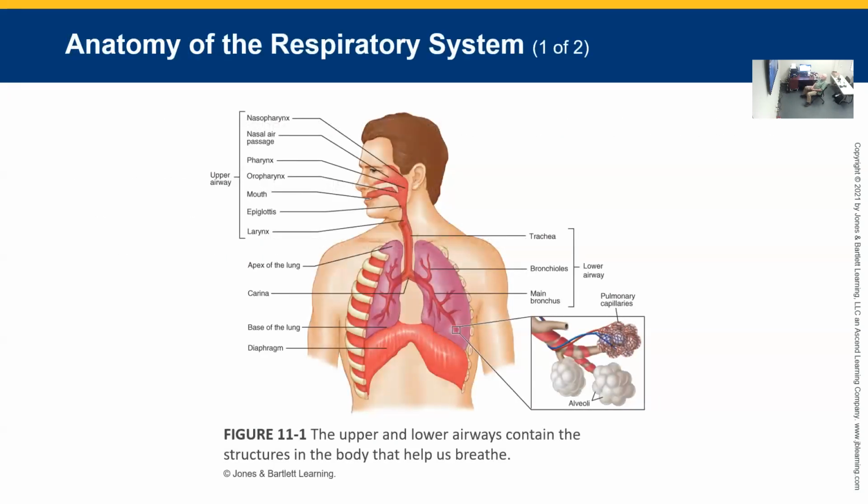We saw this slide last week that shows you the upper and the lower airway, and we're going to talk about each part as we go. You'll notice the pulmonary capillaries here cover the alveoli, and I'll probably mention this 2 or 3 different times. The alveoli are 1 cell thick, and the reason is that way the oxygen can be picked up quickly and the carbon dioxide can be offloaded very quickly.